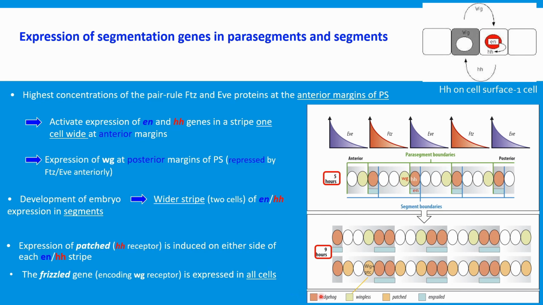Hedgehog is indicated by these orange cells. They express hedgehog. Wingless is expressed in these green cells here, indicated here. Patched is expressed in these orange cells later on, it's not here. And engrailed expression is denoted by these boxes below the cells. So these 2 cells express engrailed, this 1 cell expresses engrailed.